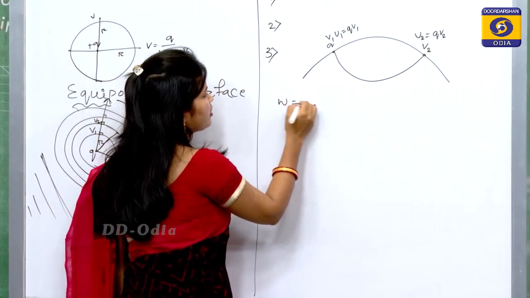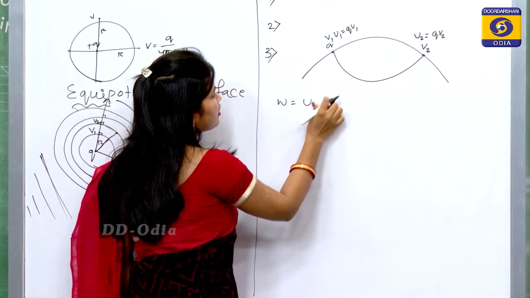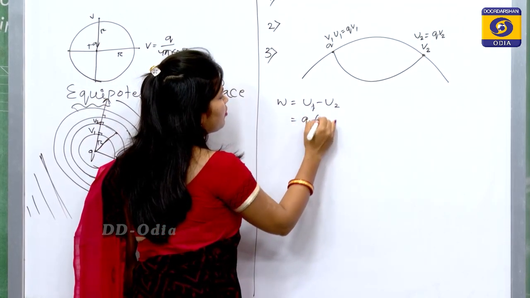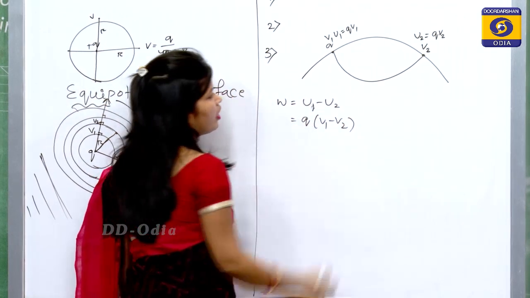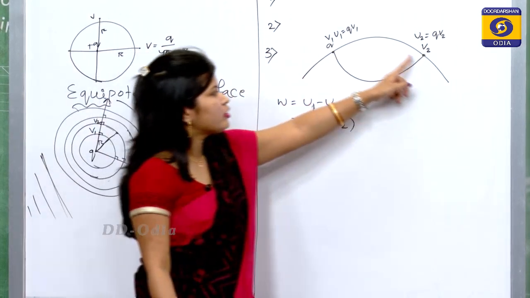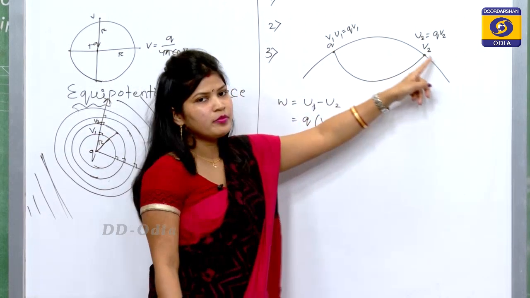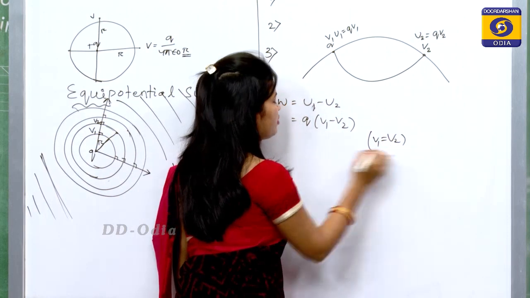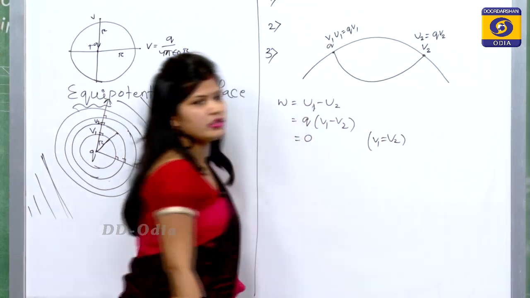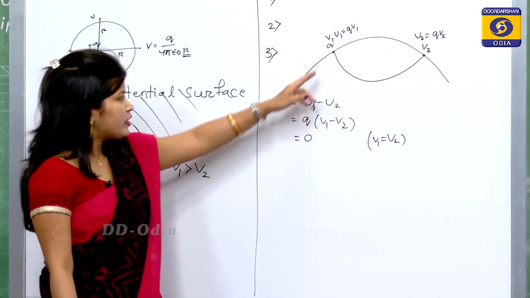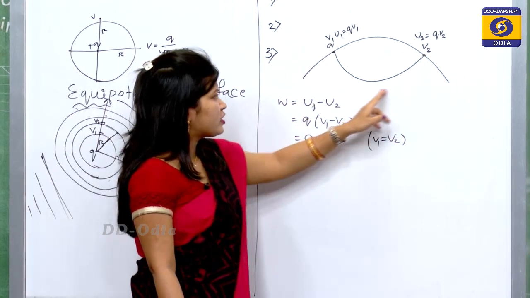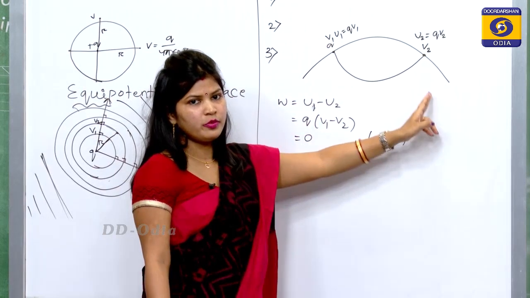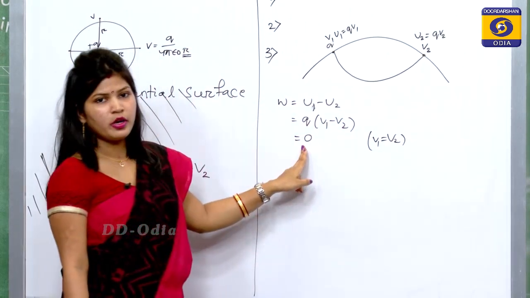So, work done is change in energy, that is U1 minus U2 is equal to q into V1 minus V2, and we know on equipotential surface potential is same. So, V1 is equal to V2, that means our work done is 0. So, in carrying a charge from one point to another on equipotential surface, I have to do 0 work.